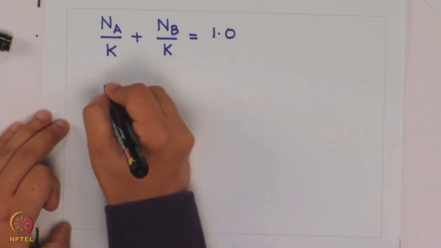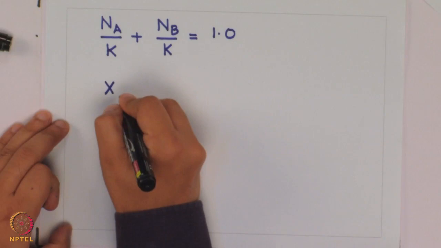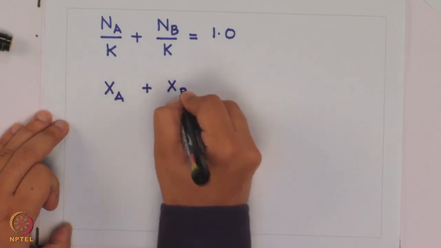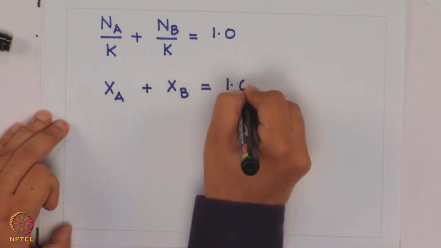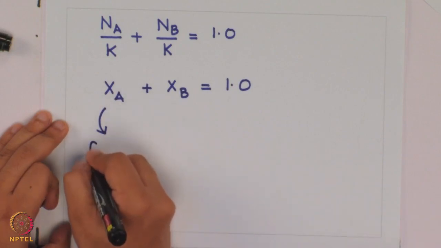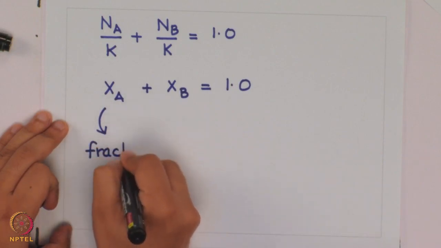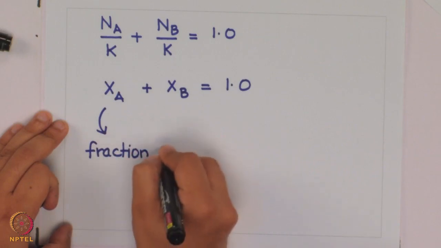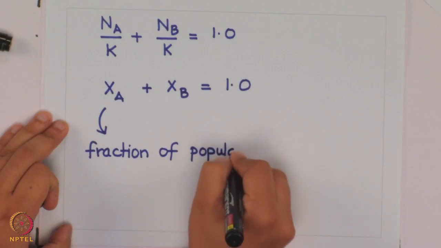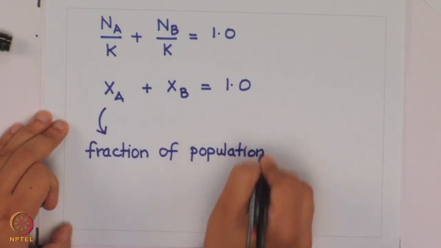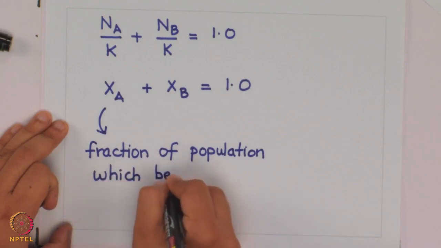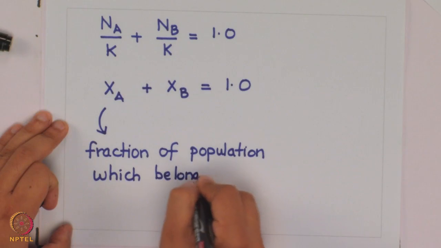And I am going to write this as Xa plus Xb equals 1, where Xa represents the fraction of population which belongs to genotype A.